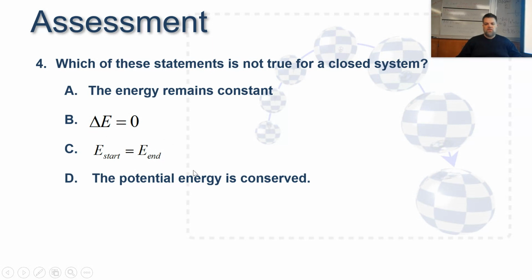This is true for a closed system, I think, unless there's a trick in there. I think D is the false one, right? Is the potential energy always conserved? Let's see. Yeah. So write down the question and then write down the answer.